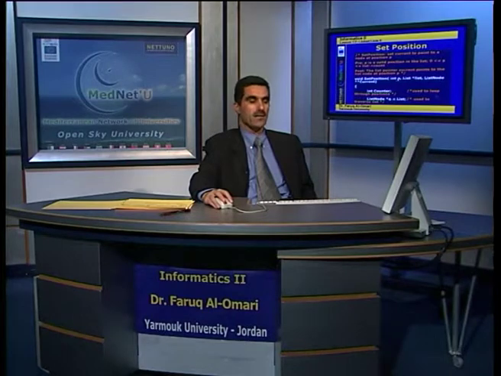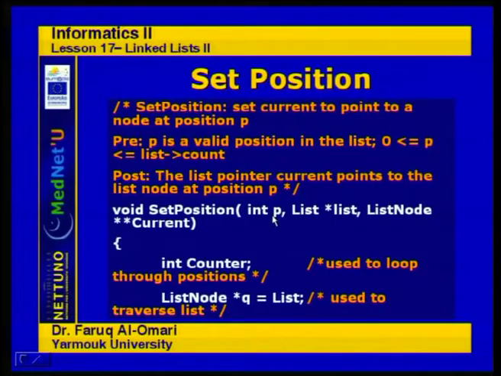So it's going to take the position as an integer, go to the Pth node in the list, of course the list itself, and a pointer to a pointer of type list node called current. Why a pointer to a pointer?